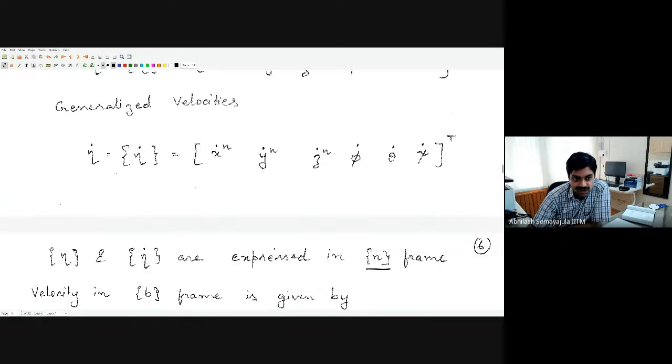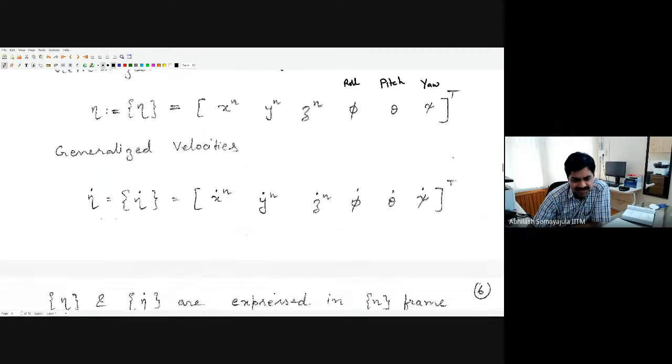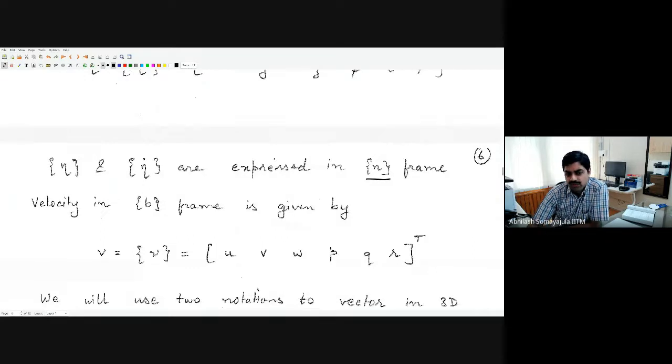Now, we got the velocities in the n frame as eta dot, but typically we would like to find the velocities in the body fixed frame B. That velocity in the body frame is denoted by a vector V, which has components u, v, w, p, q, and r.